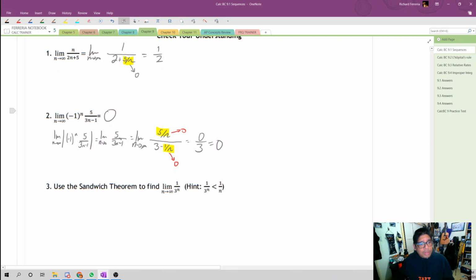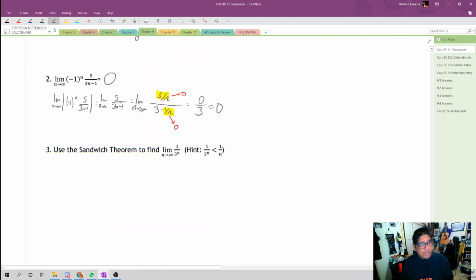Finally, we're going to use the sandwich theorem to evaluate the limit of 1 over 3 to the n power, and our hint is that 1 over 3 to the n is always less than 1 over n. That's true because 3 to the n is always bigger than n, as n goes to infinity, of course. So let's sandwich this. Now we know, of course, that the right side of this is going to be 1 over n.